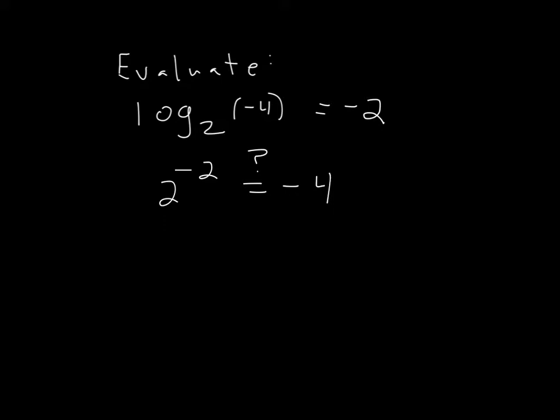But a negative exponent, I know it's been a couple weeks of vacation, does not make this -4. It makes 1 over 2 to the +2, which would be 1/4, which does not equal -4.